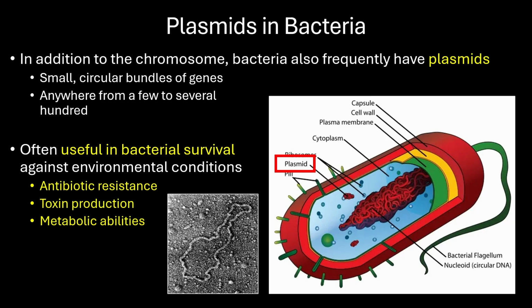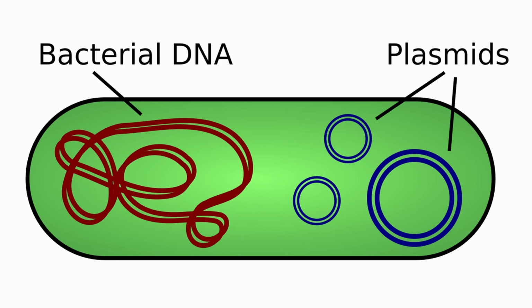They are often very useful to the cell because they can contain a variety of genes that can help them survive in otherwise adverse conditions, like antibiotic resistance, the ability to produce a specific toxin, or unique metabolic abilities, for example, allowing it to digest something it couldn't use before. So this is kind of what that looks like.